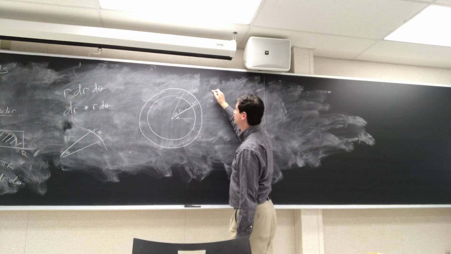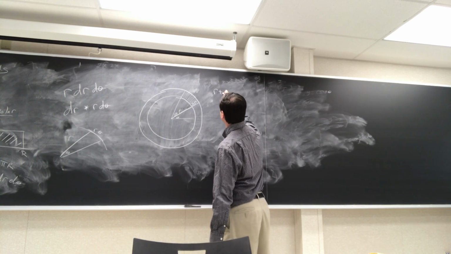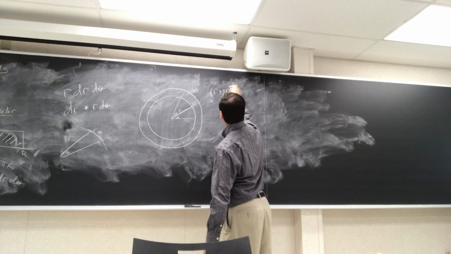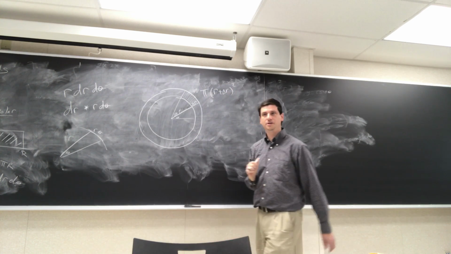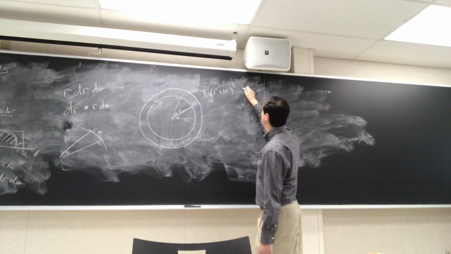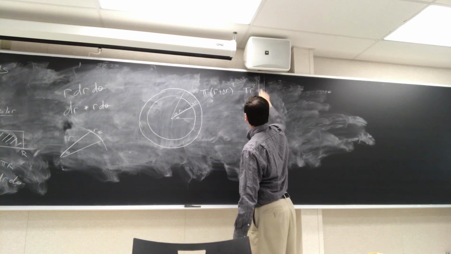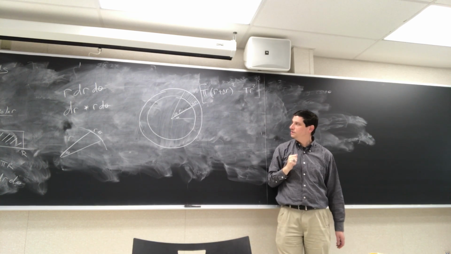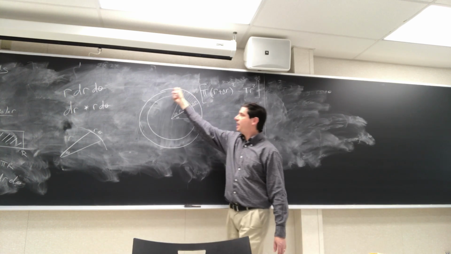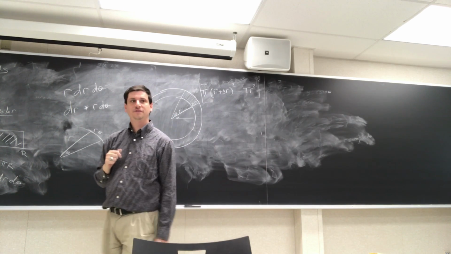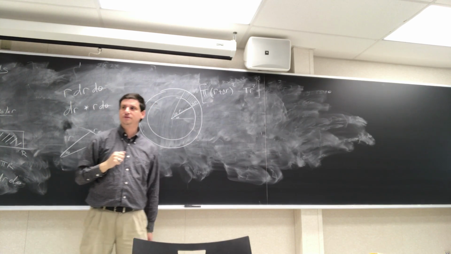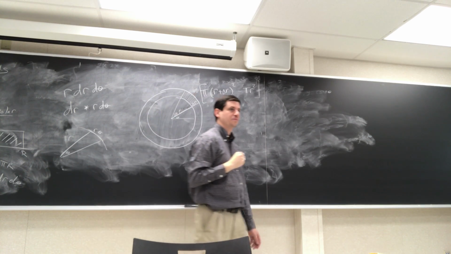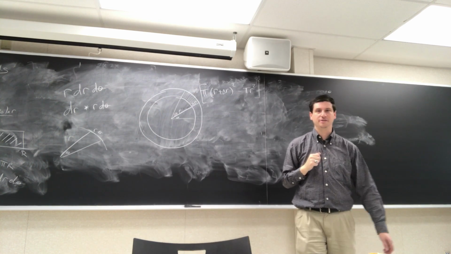R plus delta r squared. So pi times r plus delta r squared. And then the inner circle is just pi r squared. Okay. Now, we need to figure out what fraction of the annular ring do we have. So what fraction of the annular ring do we have?